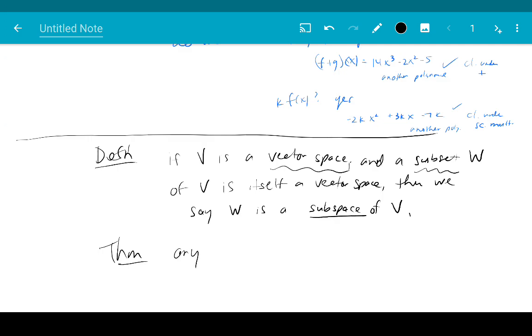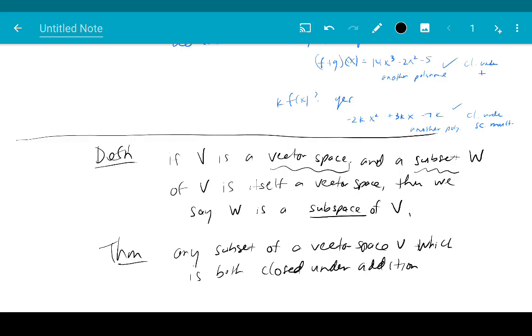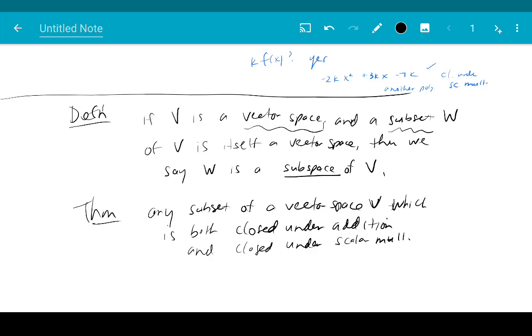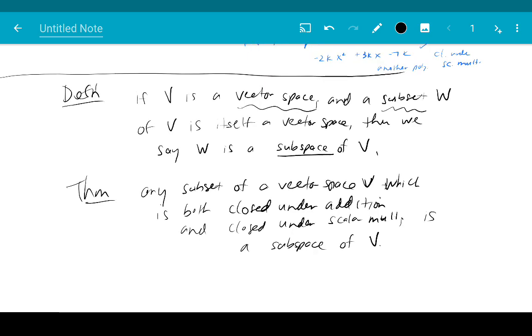It says that any subset of a vector space V which is both closed under addition and closed under scalar multiplication is a subspace of V, and that just means it's a vector space itself, and it's just contained inside of another one.